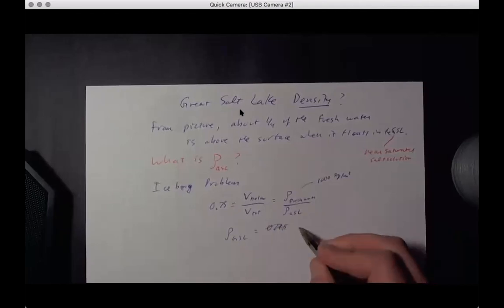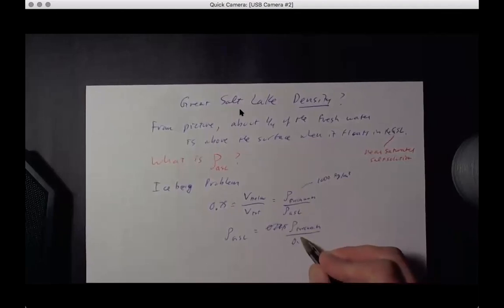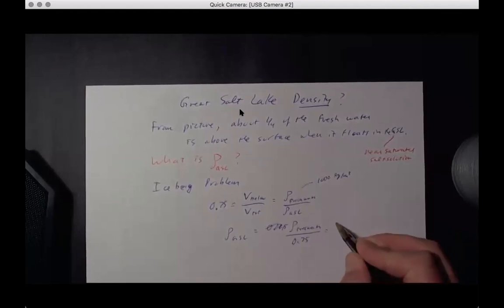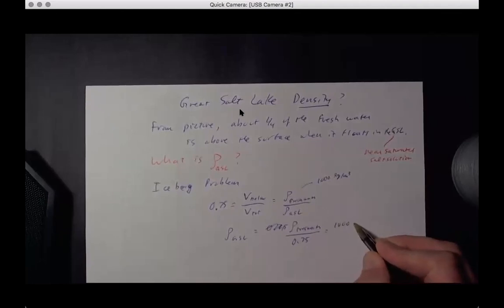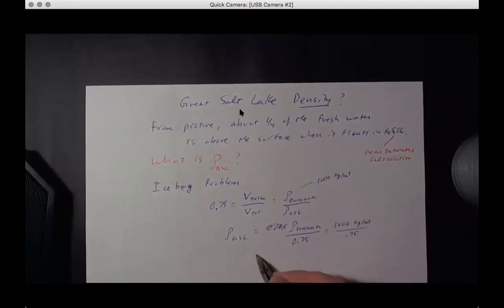It equals rho freshwater over the 0.75, which is 1,000 kilograms per meter cubed over 3/4. And so that's 4/3.